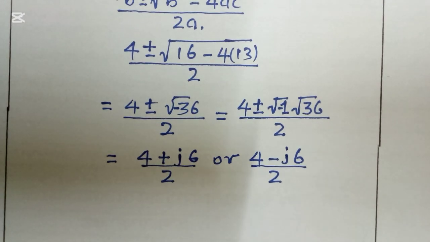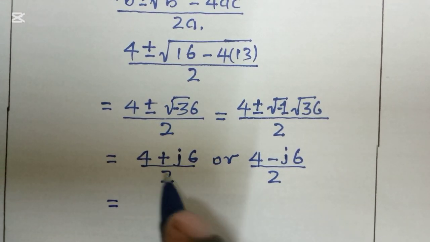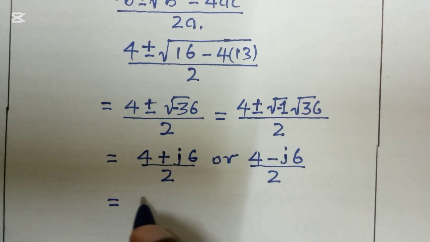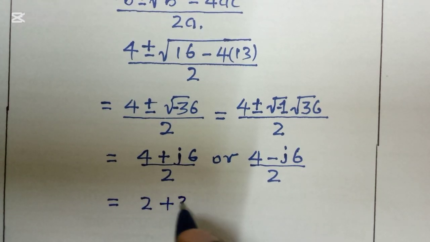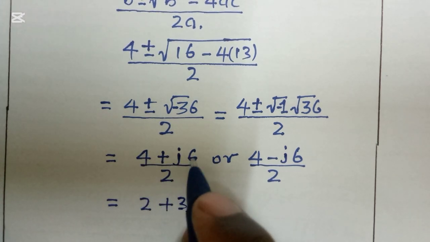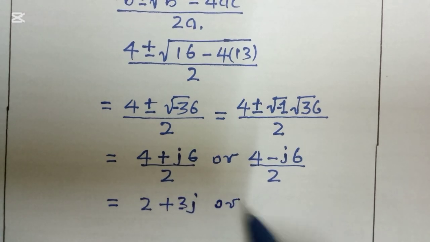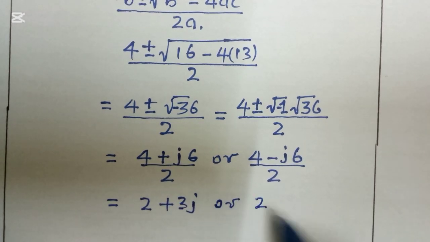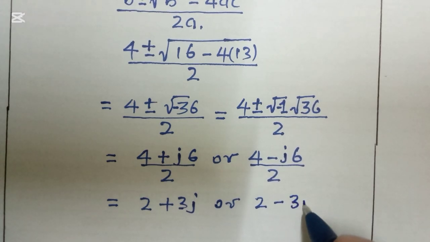So guys, finally, this is our solution. We are going to have, for the first one, 2 plus 3j, when we divide 4 by 2, 6 by 2. Or 2 minus 3j.